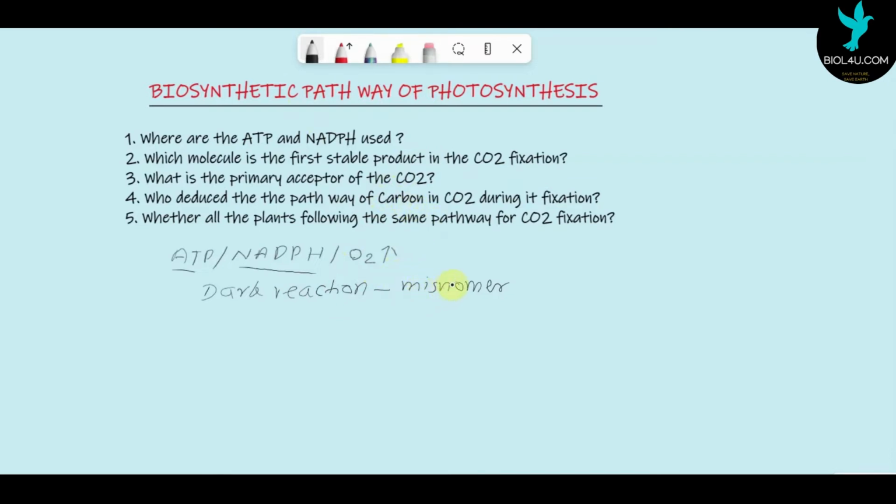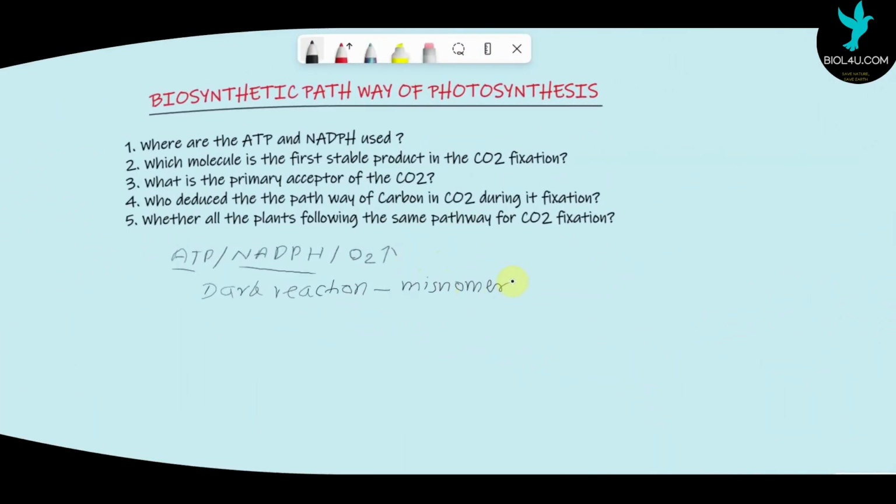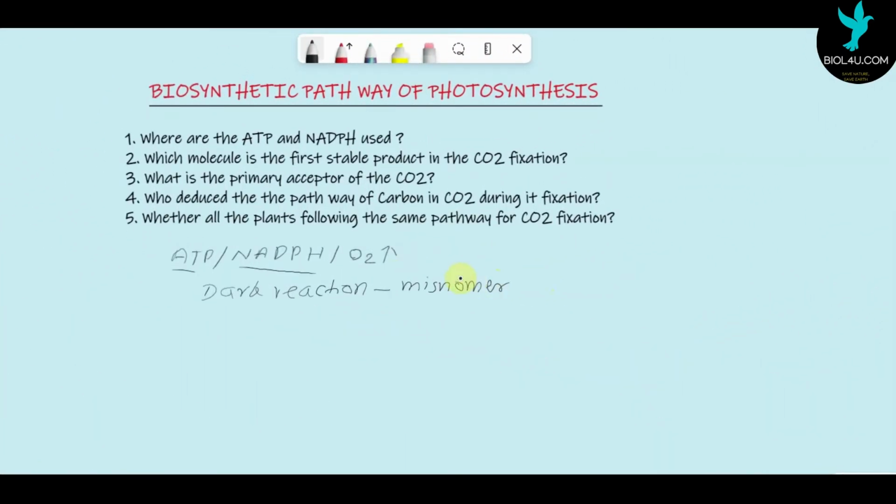If the plant is not getting light, the biosynthetic pathway, that is the carbon dioxide fixation, stops. Then if you give light to the plant again, the synthesis will start. That means the light reaction is very essential for the synthesis of the carbohydrate. During the light reaction it produces ATP and NADPH, which are utilized for the biosynthetic pathway, which takes place independent of the light, not in the absence of light.